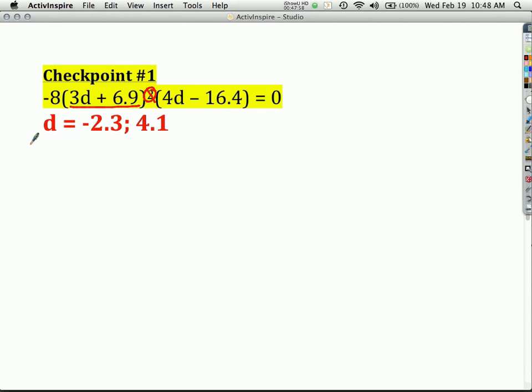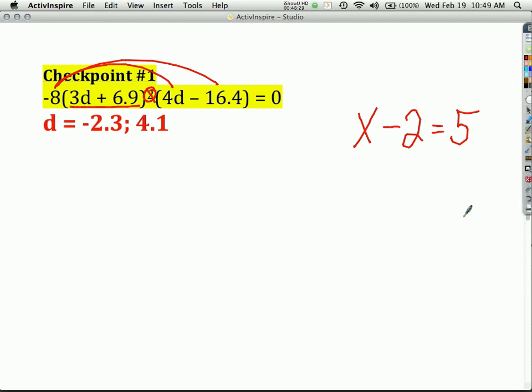And I'm going to illustrate to you why. First of all, you cannot distribute this, because this exponent forbids that from happening. You could have distributed here and here if you wanted to, but you would be wasting your time. And let me show you why. Everyone pick a side of their paper with their colored pen, and we're going to do this. X minus 2 equals 5.